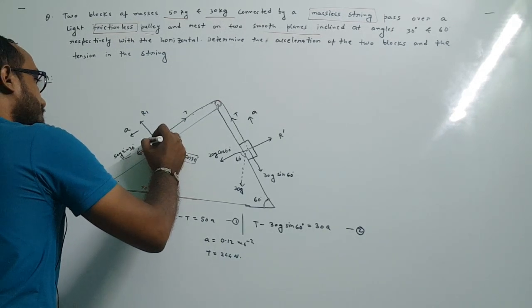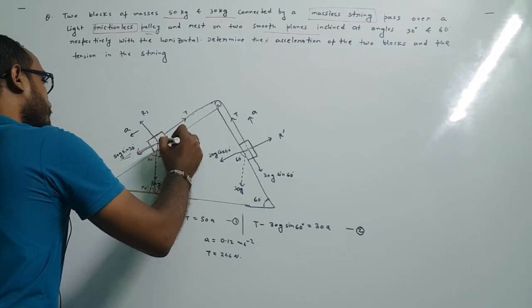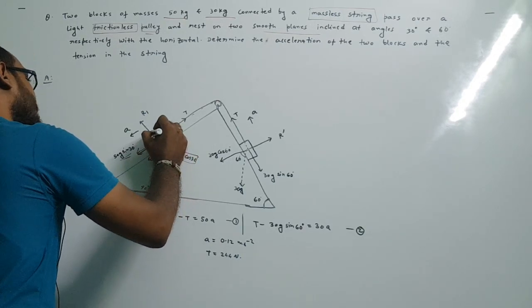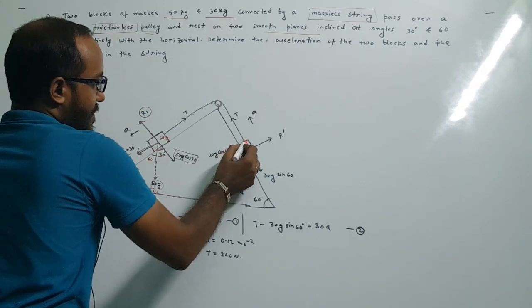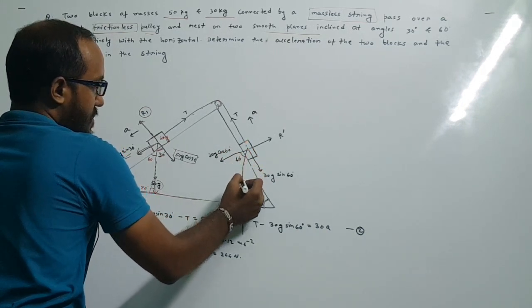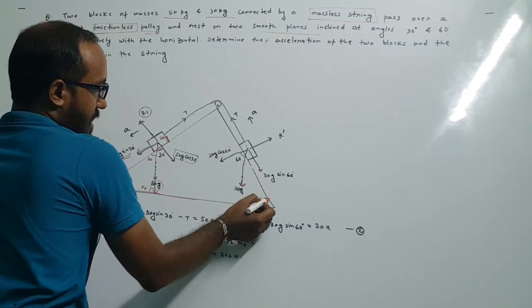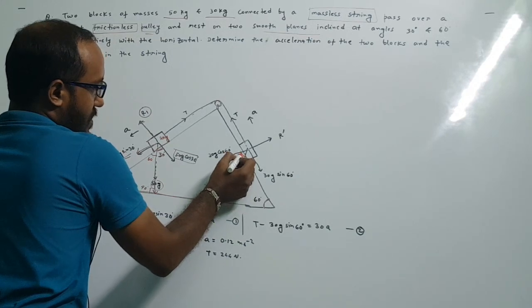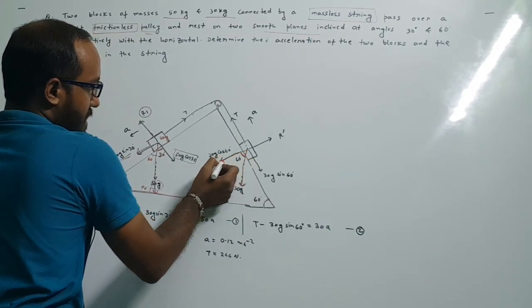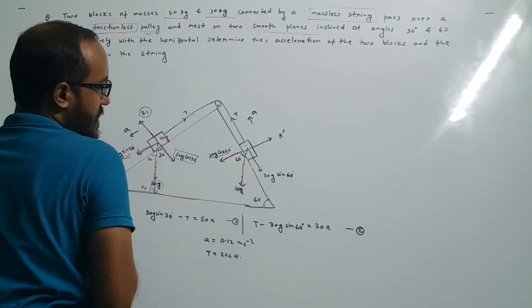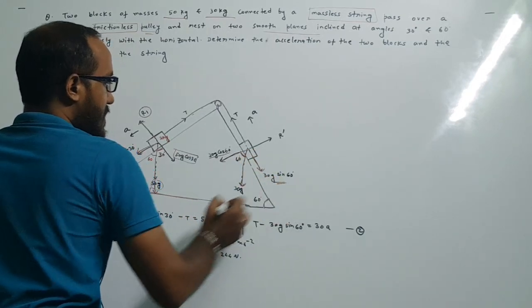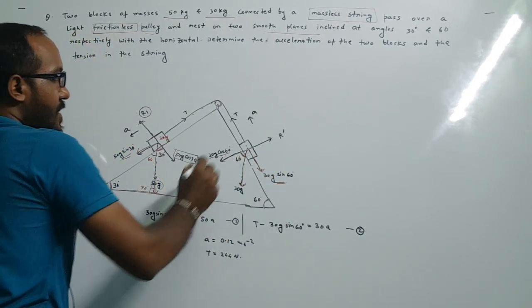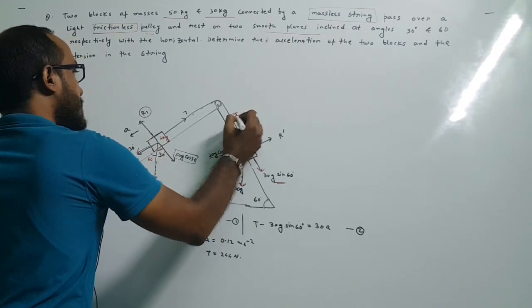As the body is lying on the surface, it will have a reaction force R. In a similar manner, for the 30 kg block, this angle is 60 degrees, so the perpendicular component is 30 g cos 60, and the component along the plane is 30 g sin 60. And let us say the tension is here.